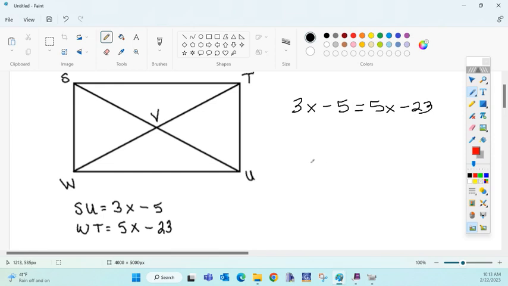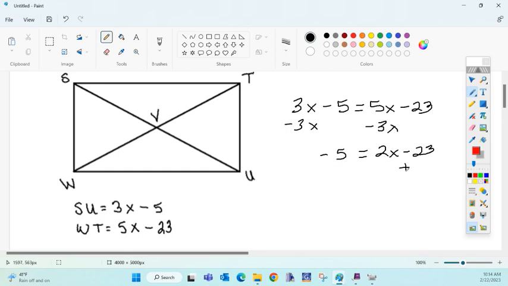You want to run us through the algebra? Subtract 3x from both sides, good. So when we do that, we have 2x minus 23 equals negative 5. What would you do next? Add 23 to both sides.